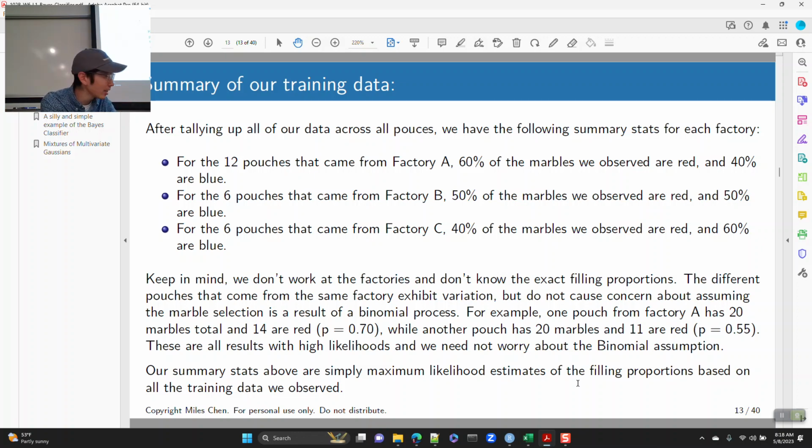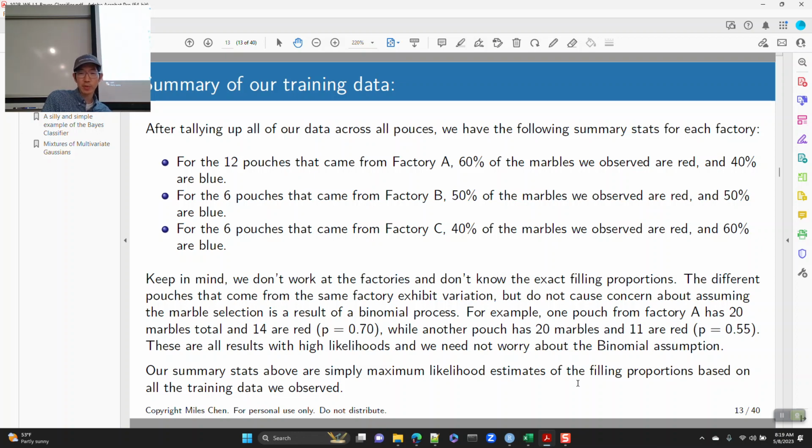We know these ones came from factory A, so you count how many red and blue marbles you have for the ones from factory A, and overall in factory A, 60% of the marbles are red and 40% are blue. Then for the bags from factory B, 50% are red and 50% are blue. And for the bags from factory C, you get 40% red and 60% blue.